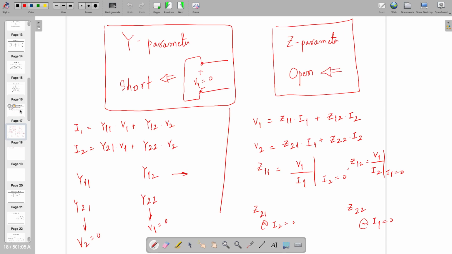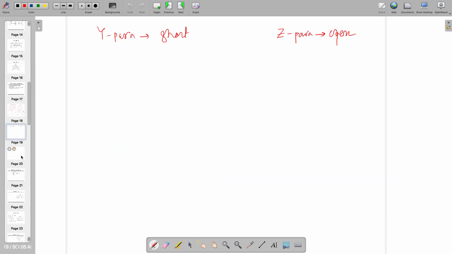So how are they defined for Z parameters? Z11 is defined as V1 by I1 when I2 equals 0. So wherever you see I2, you need to make it open circuited, and the other parameters you need to find out. Let's take some examples.